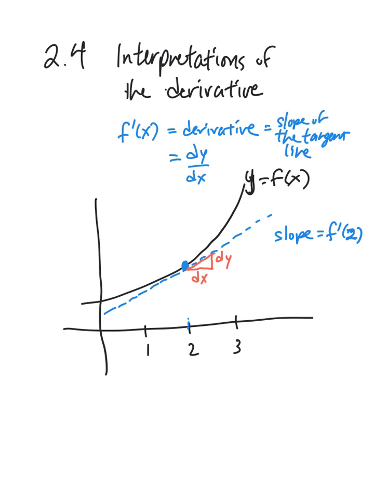The d is sort of like the Greek letter delta, which is used in science for a change. So we're thinking of a change in y over a change in x. And that's going to be really helpful to us as we make these interpretations for meanings.